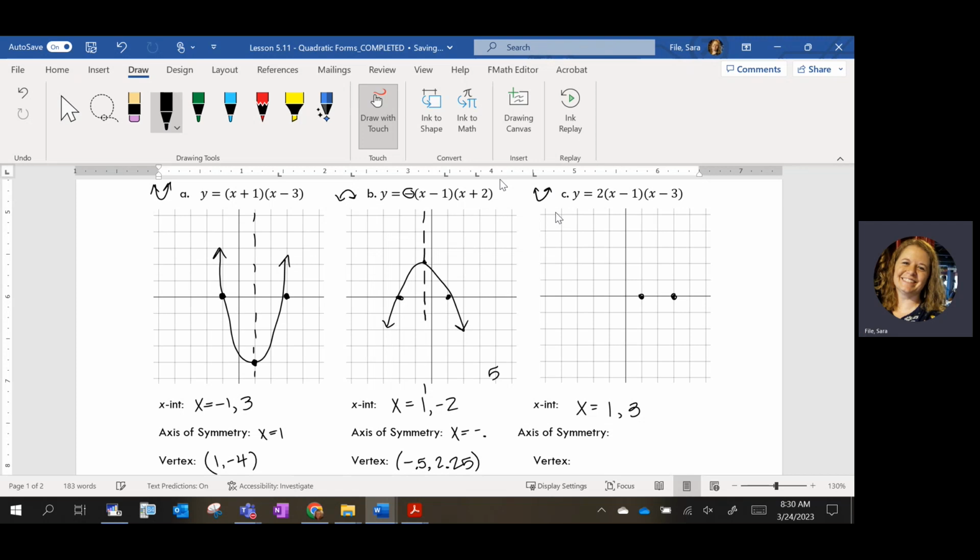If you looked at this graph, your vertex is at (2, -2), so your axis of symmetry is at 2. I totally missed that vertex. Try that again.